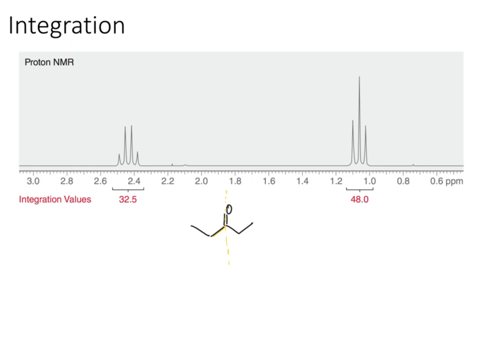First, the equivalent hydrogens are these hydrogens on the CH2. The left two and the right two are enantiotopic protons because they are mirror images of each other, and they will give exactly the same signal, so they are the same ones.